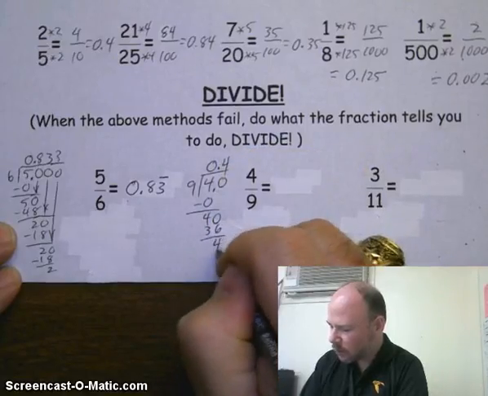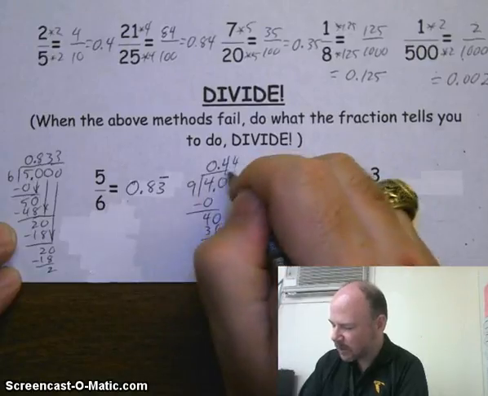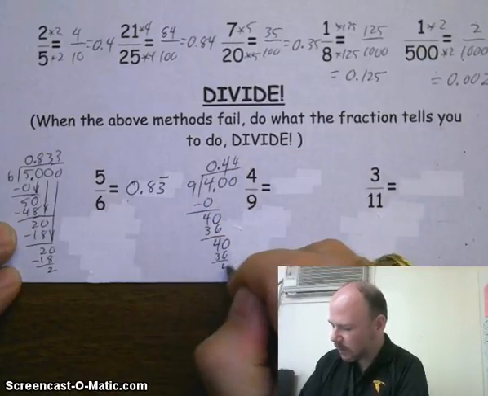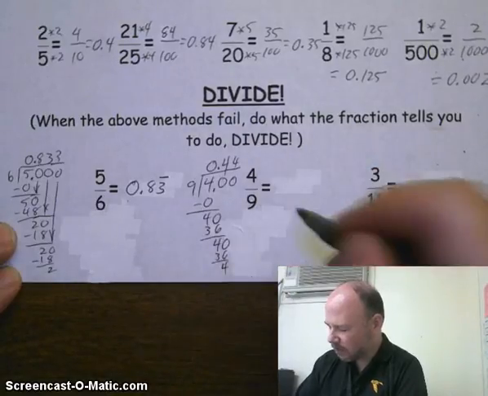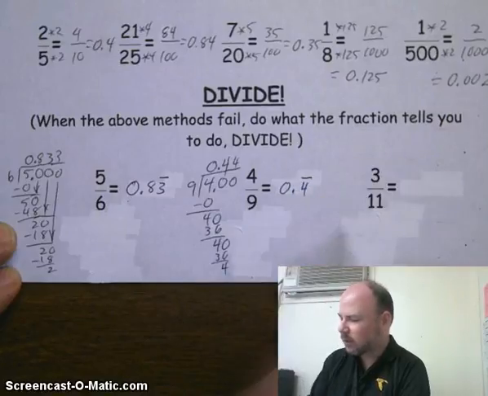We get another 4. If we add another 0, we still have 40. 9 goes into 40 4 times, and so on. So what's it doing? It's repeating. It'll keep doing that. So the fraction 4/9 is the decimal with the 4 in the tenths place repeating.